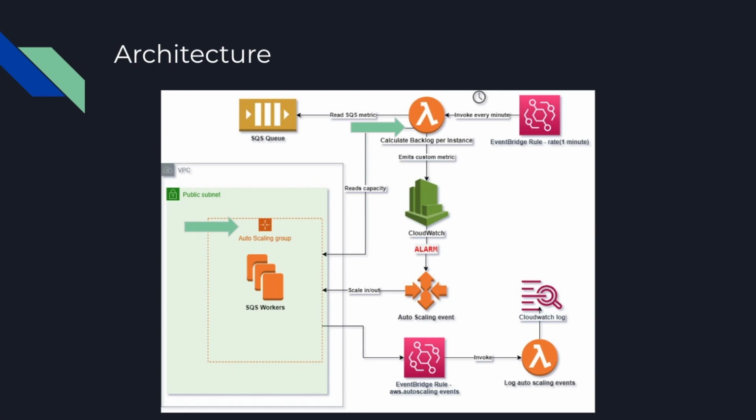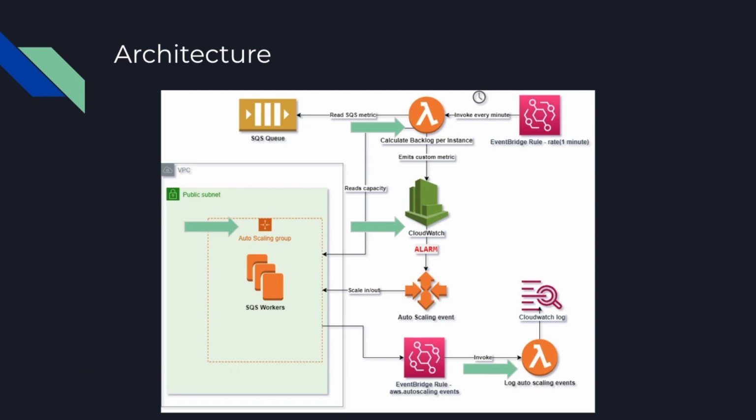This function calculates the current backlog per instance by measuring the number of messages in the queue per EC2 instance in the auto-scaling group. The third is a target tracking scaling policy that configures your auto-scaling group to scale based on the custom metric. CloudWatch alarm will invoke the scaling policy.